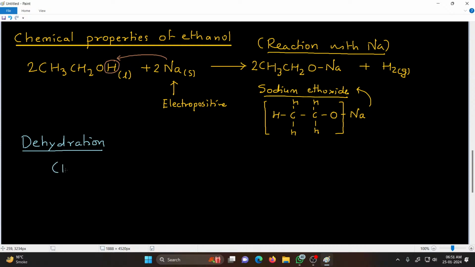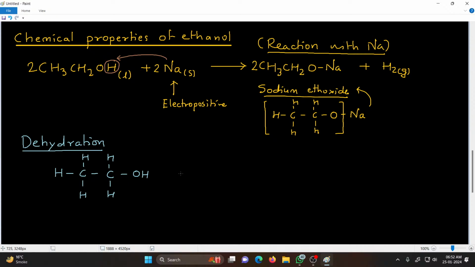So water can be removed from alcohol. If you write the structure, it will be easier to understand the mechanism of the reaction. In examination, you need not write this in the structural form. You can just write CH3CH2OH.